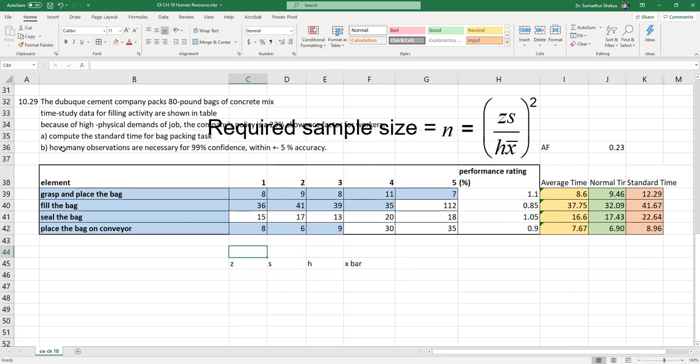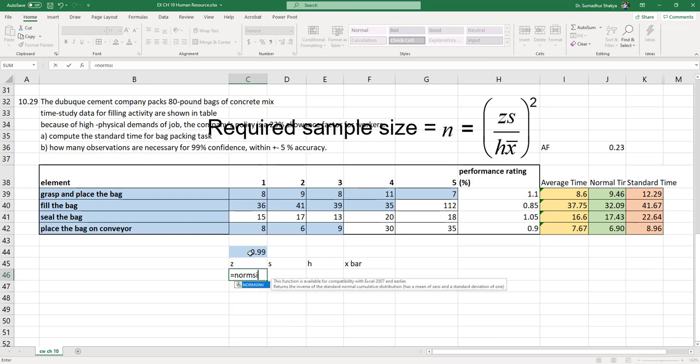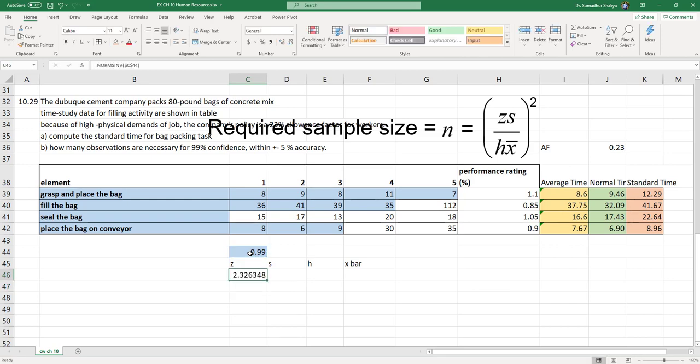We want to find out the z-score for 99% confidence level, so about 0.99. So I'm going to calculate this as equals NORM.S.INV for 99%. You can type it down, but I'm going to refer to this and freeze it. 1, 2, 3, 4. Okay, 1 for each of these.